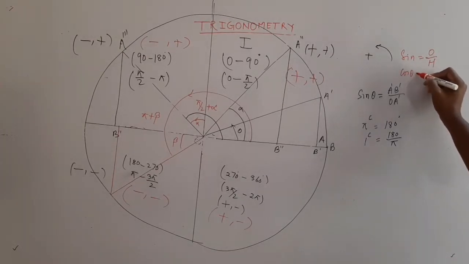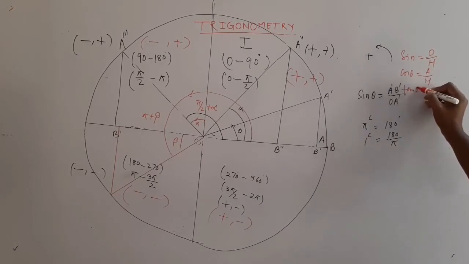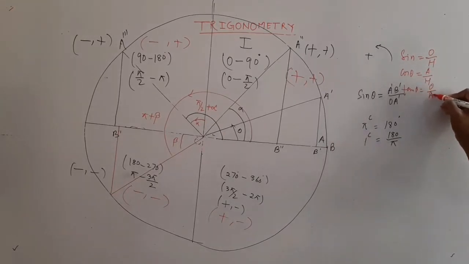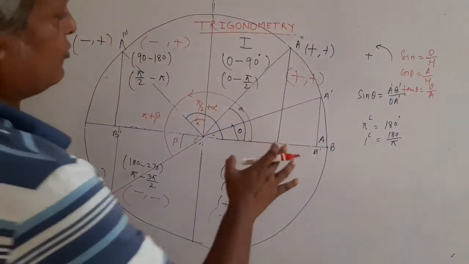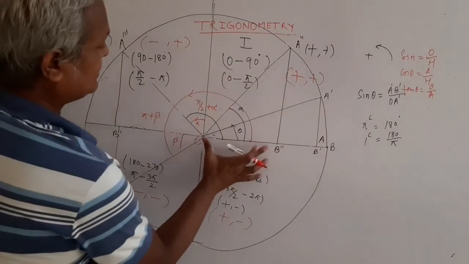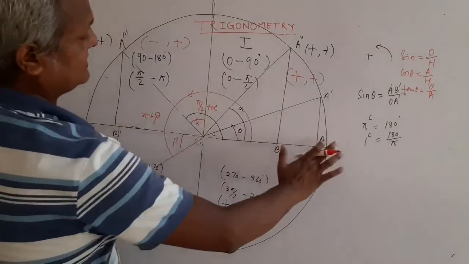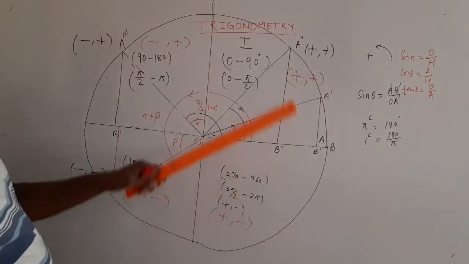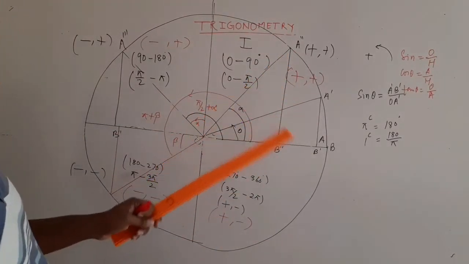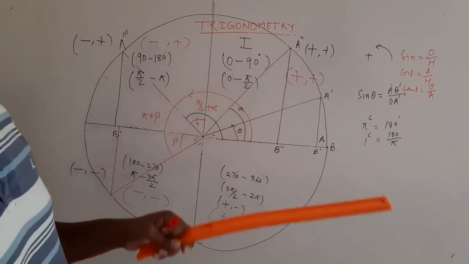Cos theta is adjacent over hypotenuse, and tan theta is opposite over adjacent. In this whole understanding, you will find that adjacent always goes along the x-axis, and this is your opposite, the vertical, and the hypotenuse, using Pythagoras theorem you can find, so you can consider hypotenuse always to be positive.